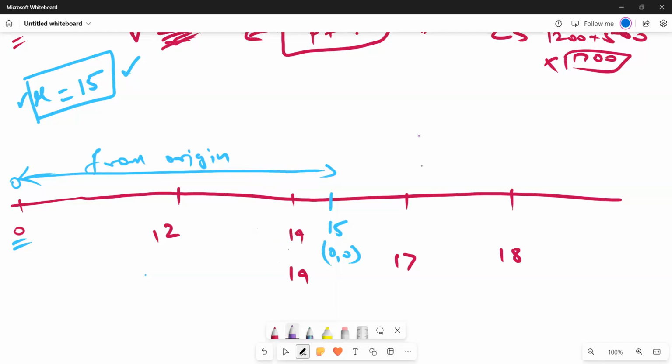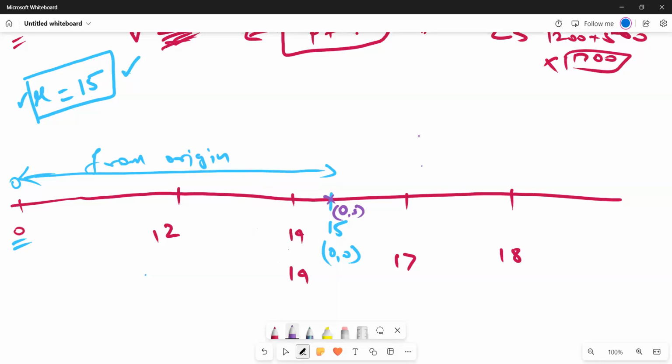If I'm shifting the origin from 0 to 15, then basically this point becomes 0. Does everyone agree that this point will be 0, 0, because I'm shifting my origin from 0 to point 15?